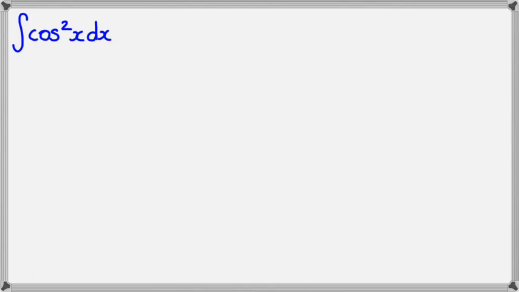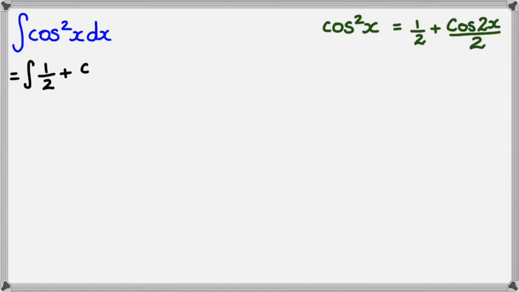So here we go. We want to find the integral of cos squared x dx. We found from the previous slide that cos squared x is a half plus cos 2x divided by 2. So now I'm substituting this for cos squared x, which means I've got the integral of half plus cos 2x divided by 2 dx. Integrating this again becomes easy.